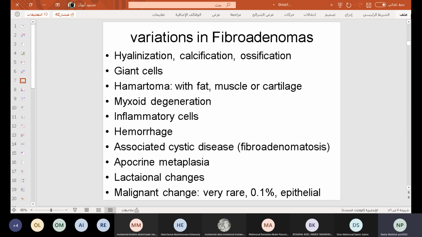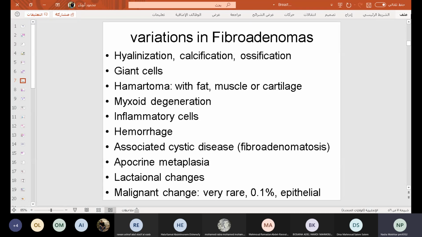Apocrine metaplasia or lactational changes دي حاجات بتحصل during lactation, because as you know, breast is a modified sweat gland, so as if it is secreting like sweat, but in this example, of course, it's milk. So it can undergo apocrine or lactational changes. لو الست بترضع, the tumor itself can undergo lactational changes, just like the adjacent breast tissue.